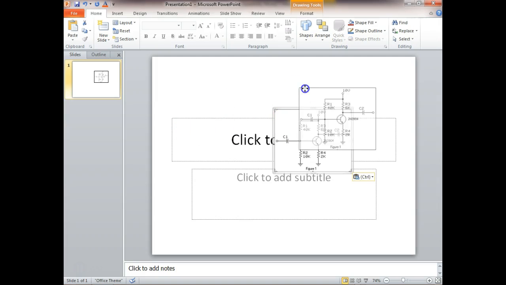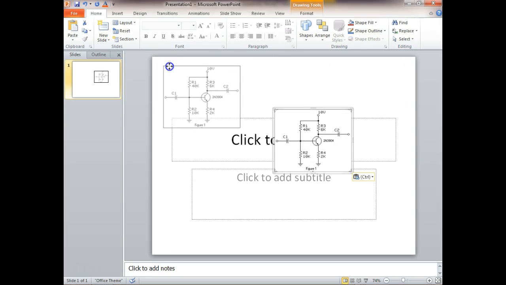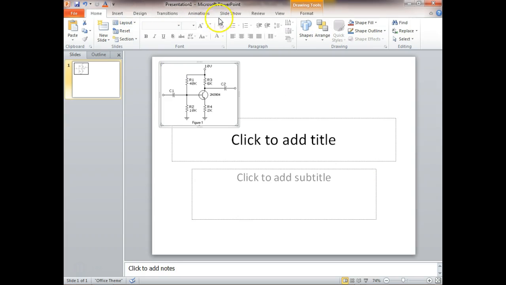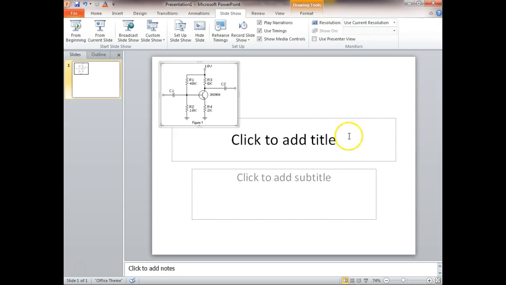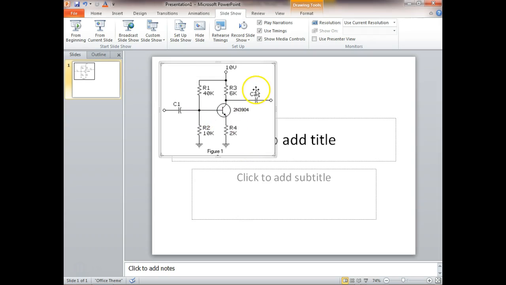Okay, here's the circuit. All of them solve the same. So the first thing we're going to do is solve for VB, which would be VR2.